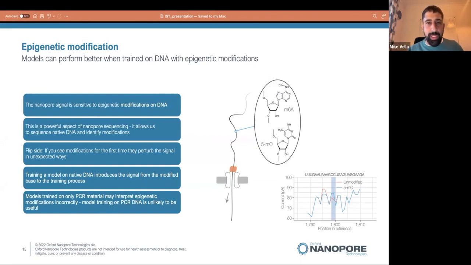There's something called epigenetic modifications. For example, methylation, where a methyl group is added to the cytosine or adenine molecule in a DNA molecule. What this essentially means is that the alphabet of DNA molecules is much larger than simply A, C, G, and T.